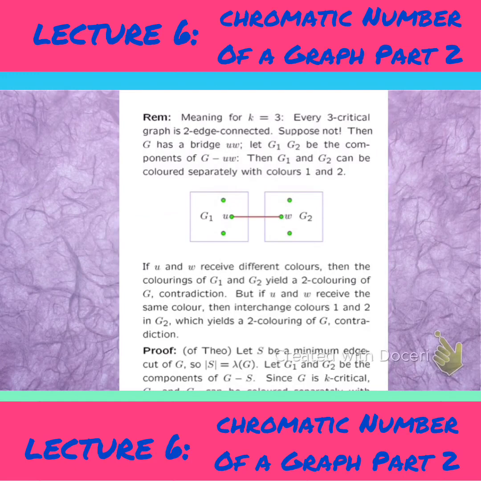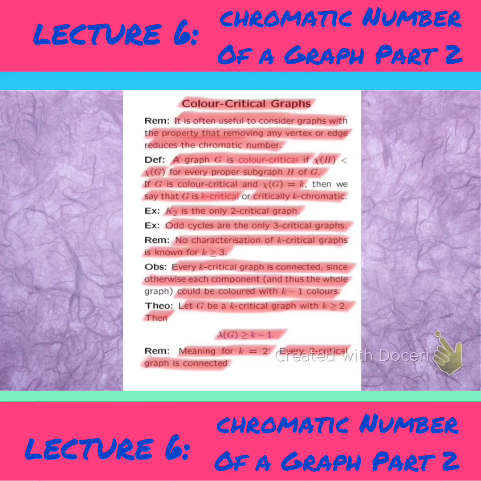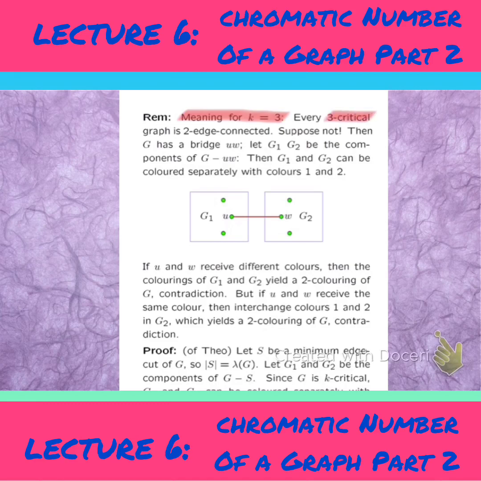For the case where k is equal to 3, that means that lambda of G needs to be at least 2. So every 3-critical graph must be k minus 1 edge connected, which is 2-edge connected.